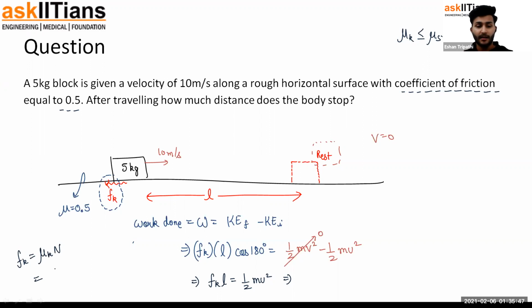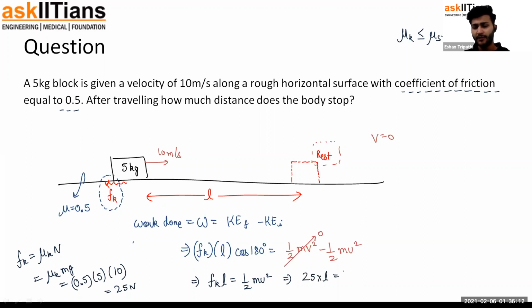In this case, normal reaction is again mg, since the only downward force acting is mg, which is balanced by the normal reaction. So it's 0.5 multiplied by m, which is 5, multiplied by g, which we are assuming as 10. So that is 25 newtons. Kinetic friction is 25 newtons.